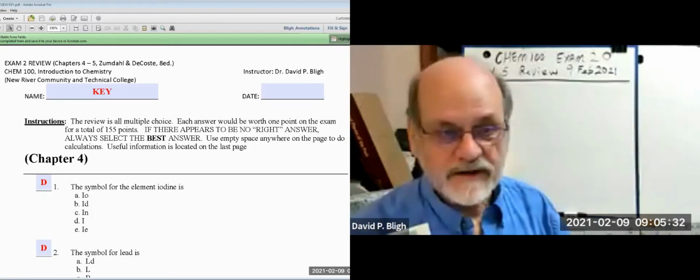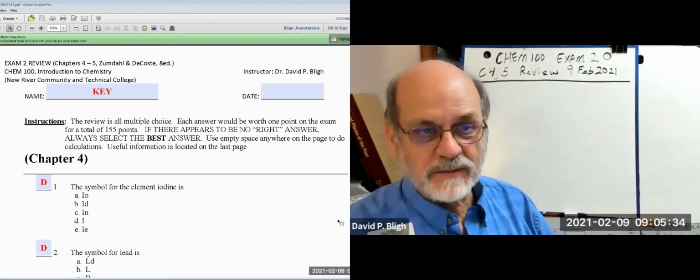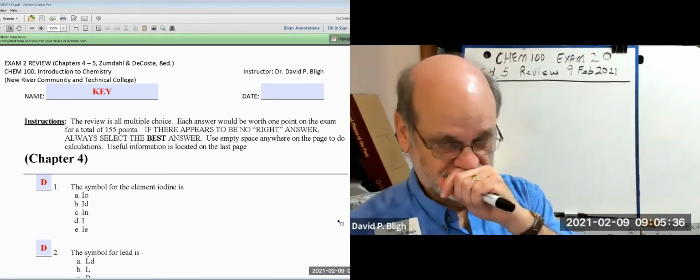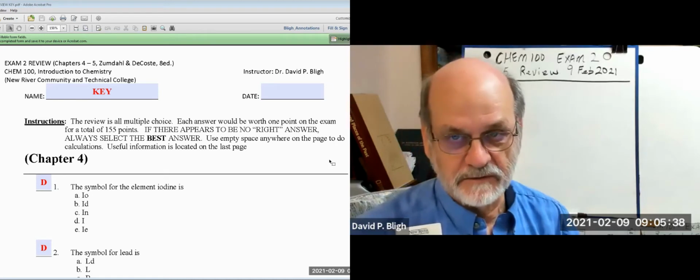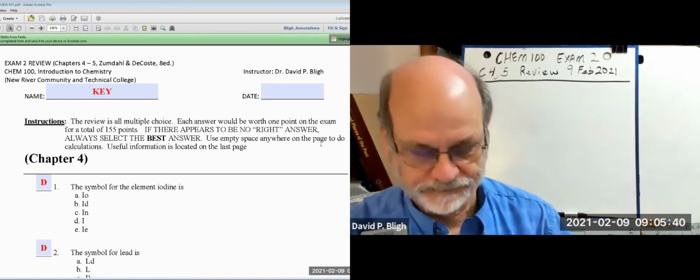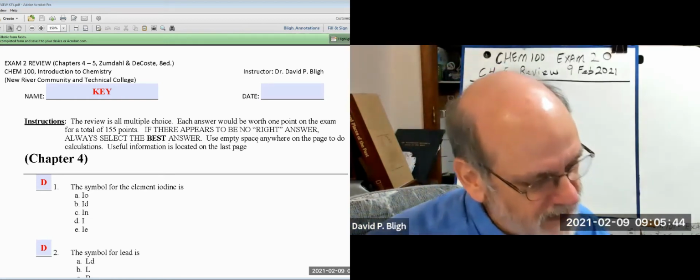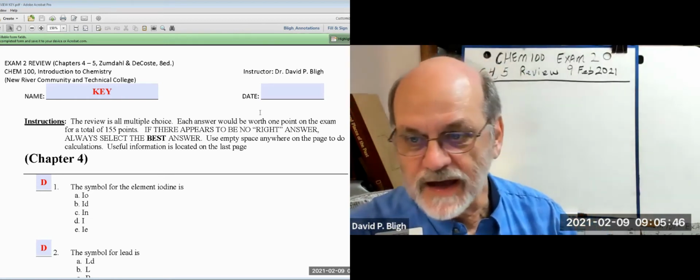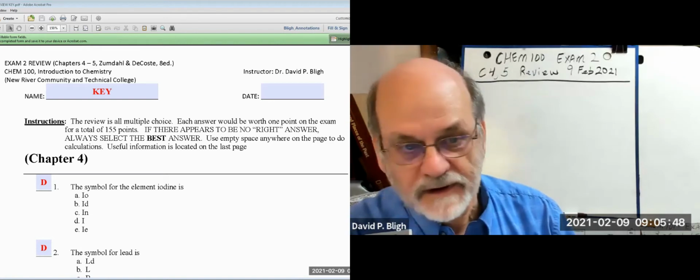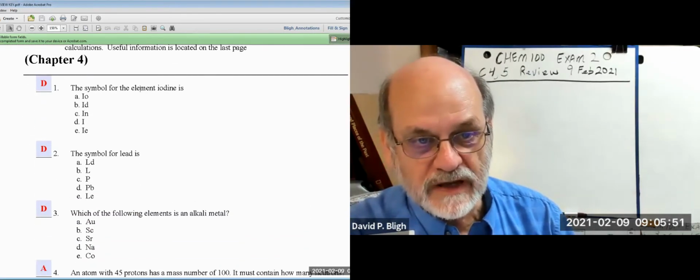Here it is. Tell me if that's not visible. Should be exam 2 review. Actually, the key for that review. And as it turns out, I picked the whole first page.